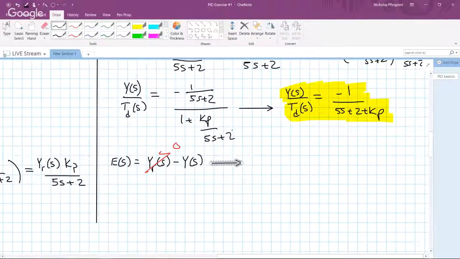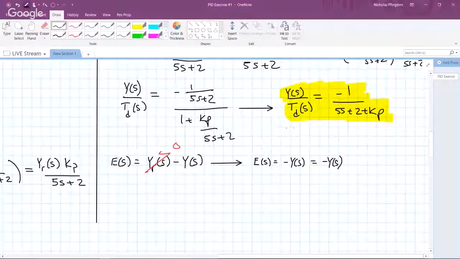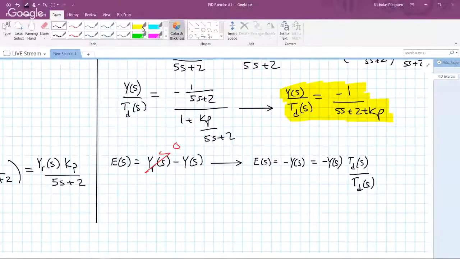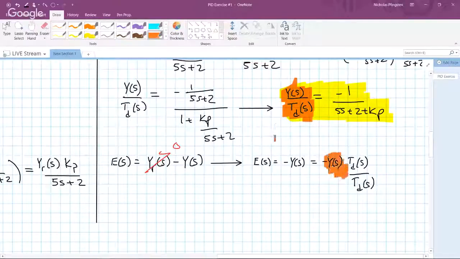So in this case, we're going to have to do what we did last time. The error is minus y of s times 1, which is just going to be times capital T sub d over s. We have this.